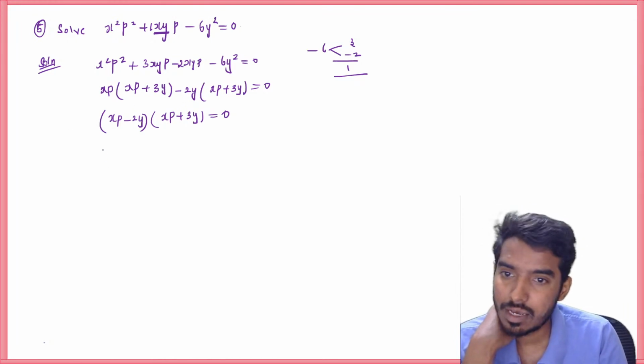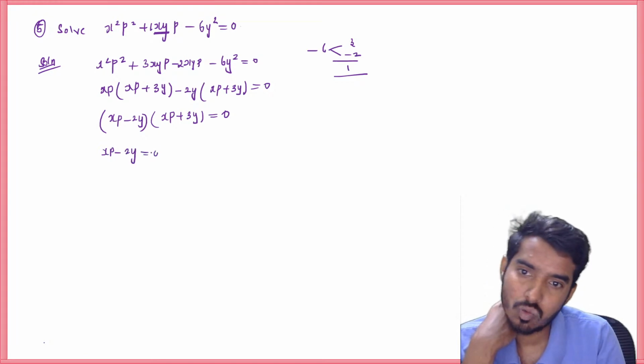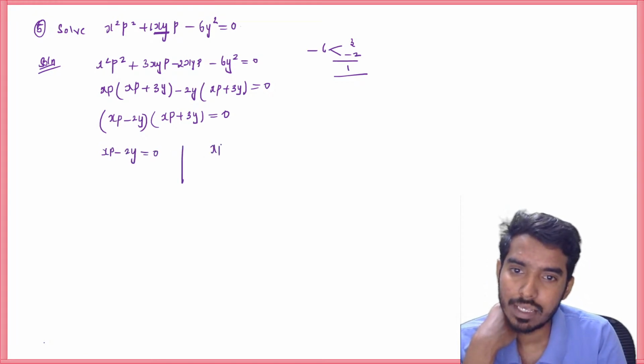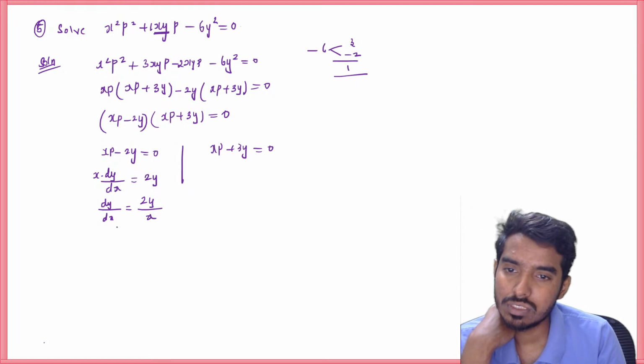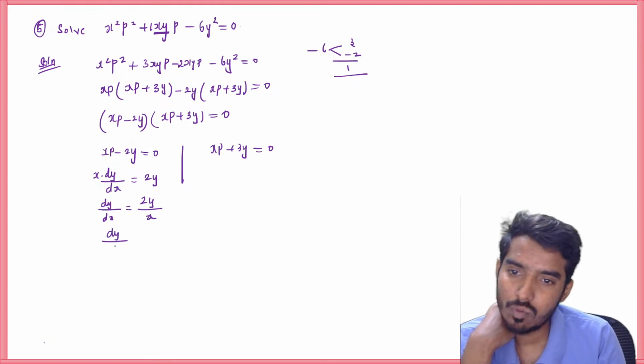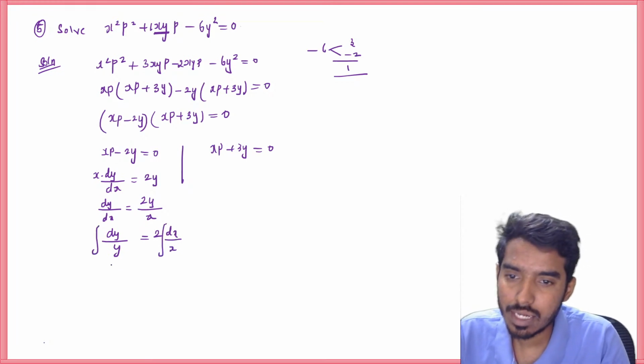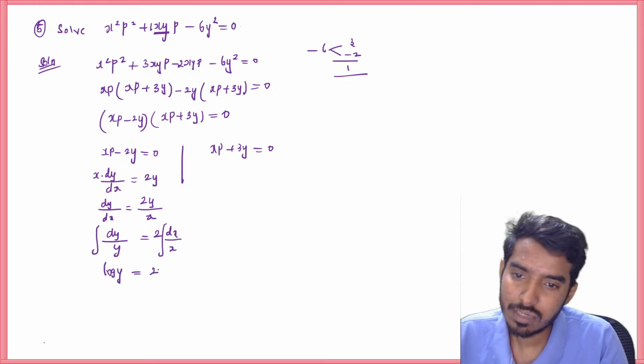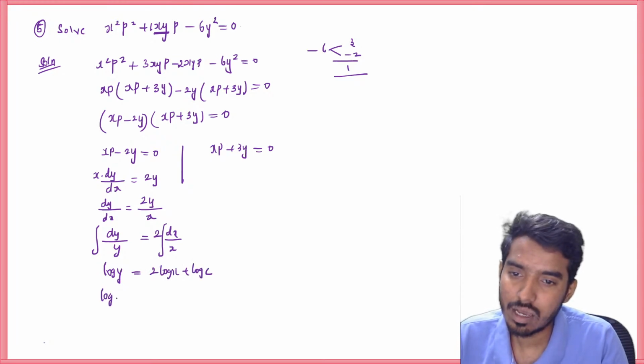We have xp minus 2y is equal to 0 and we have xp plus 3y equal to 0. That means x dy by dx equal to 2y, so dy by dx equal to 2y by x. So this will be dy by y is equal to 2dx by x. If I integrate this, we will have log y is equal to 2 log x plus some log c, same as log of y by x square.